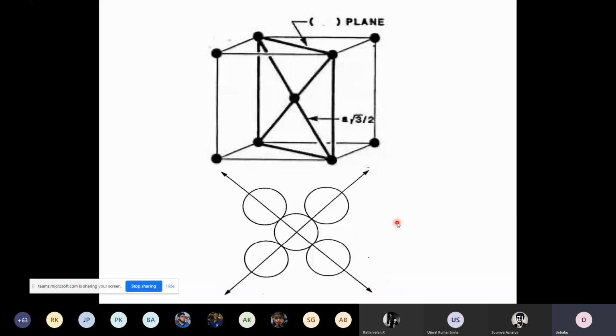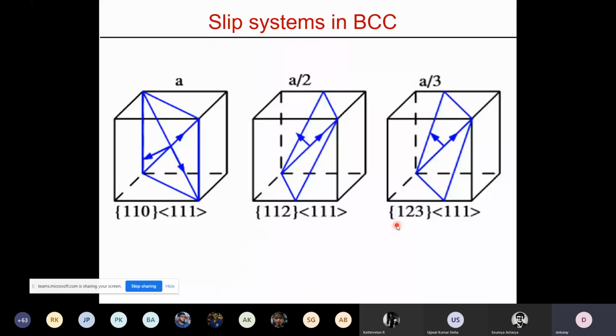BCC slip planes: you can see the slip planes are 110, 112, and 123, and the 111 direction is the common direction. It lies on all systems. Whatever way slip happens, it can happen on different planes, but the direction remains the same.